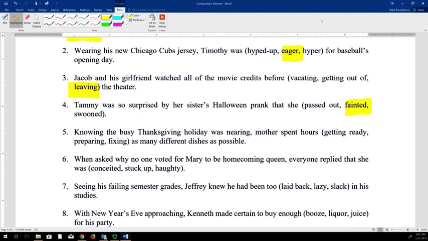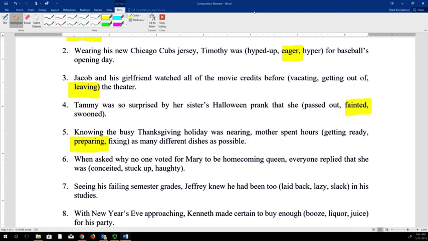Now, the next one. Knowing the busy Thanksgiving holiday was nearing, Mother spent hours blank as many different dishes as possible. Mother spent hours preparing. Now, getting ready, you'll notice there's improper use of get, so that would be slang.